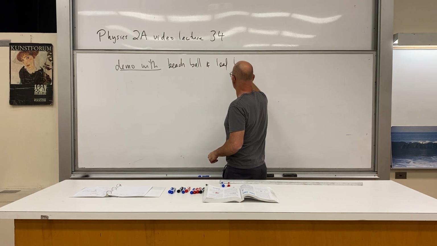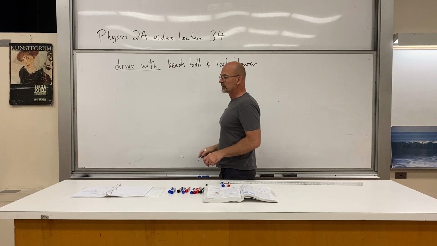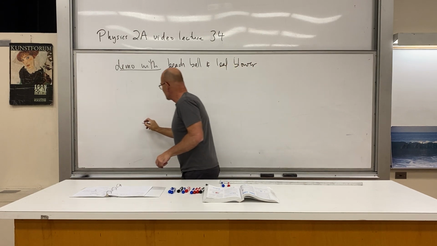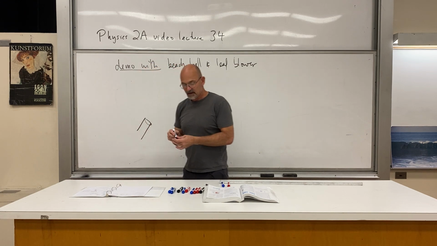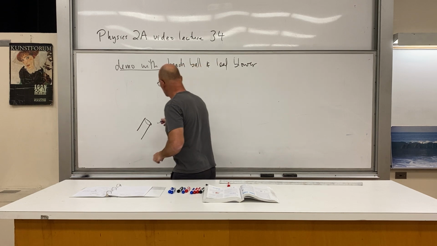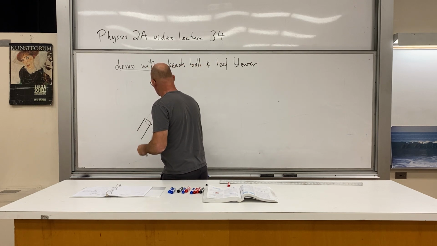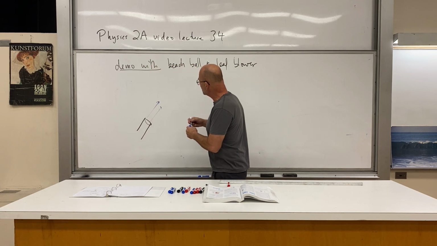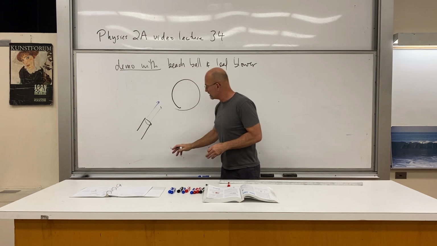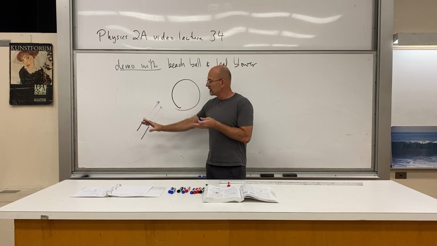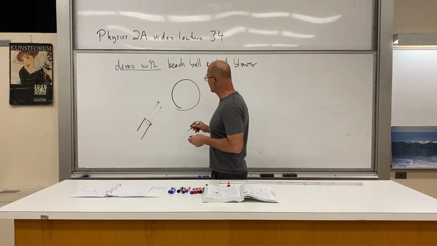It's not a leaf blower, but that's what we used to use, okay. So we have an air stream here coming out, and I'll indicate that it's tilted, okay. And we're suspending a ball clearly not directly over the wind source.